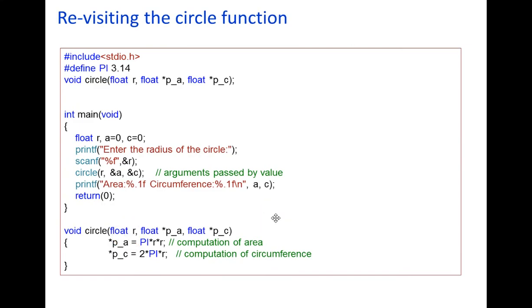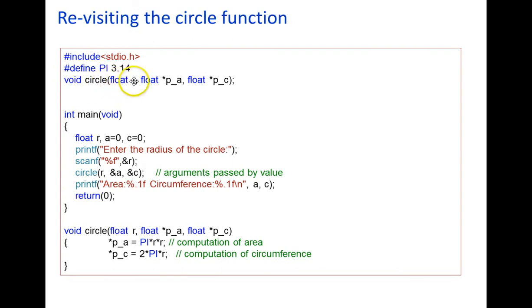So now let's take a look at this function where we find the circumference and the area of a circle. So here we have our include stdio, define pi as a constant. Here's the prototype for the function that we're going to use to do this calculation. It's called circle, has no return value.